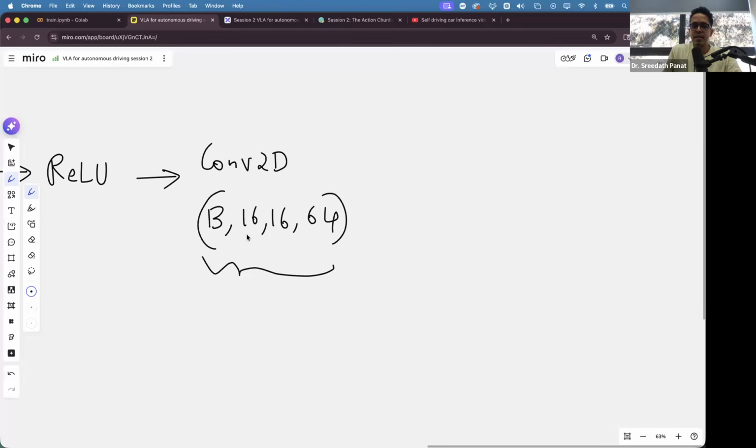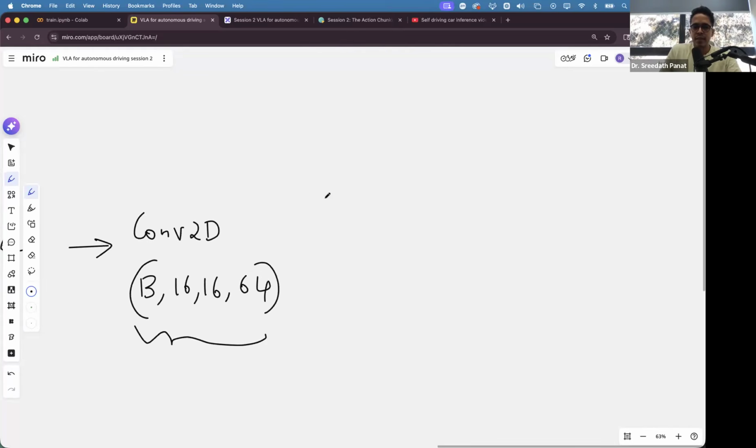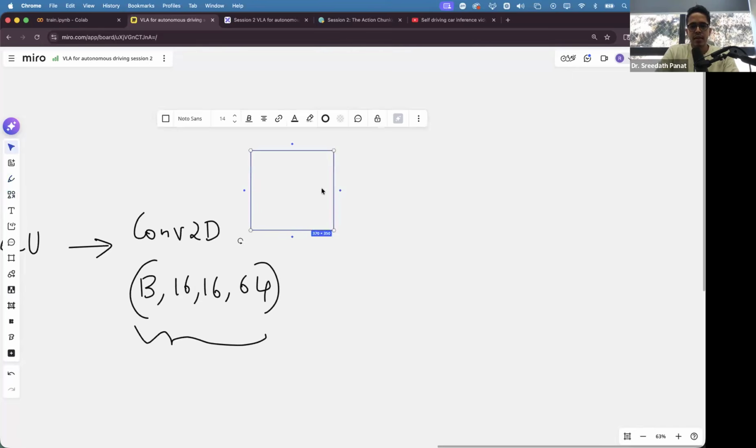You have a batch dimension, 16, 16, 64. Can you tell me what is 64? 64 is the channel dimension. What is 16 comma 16? It is the spatial dimension, which means the way this will look like is something like this. So this will be 16 by 16.